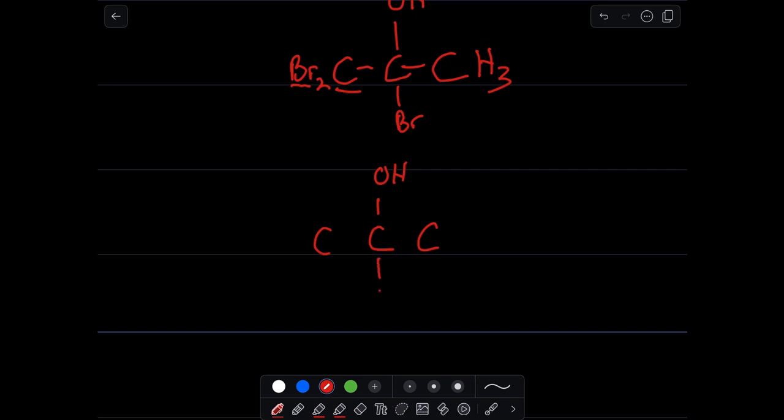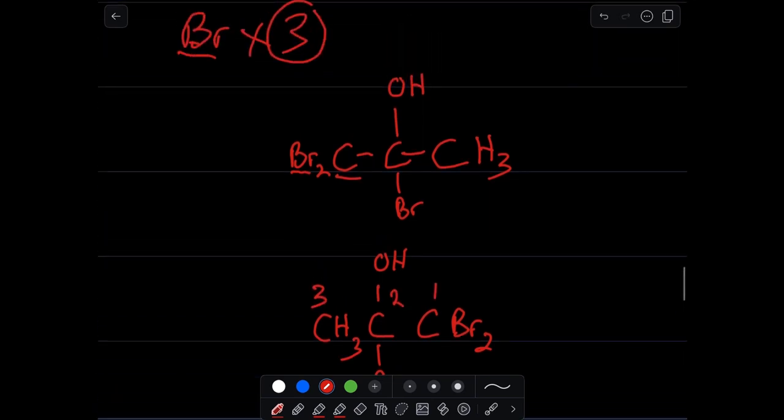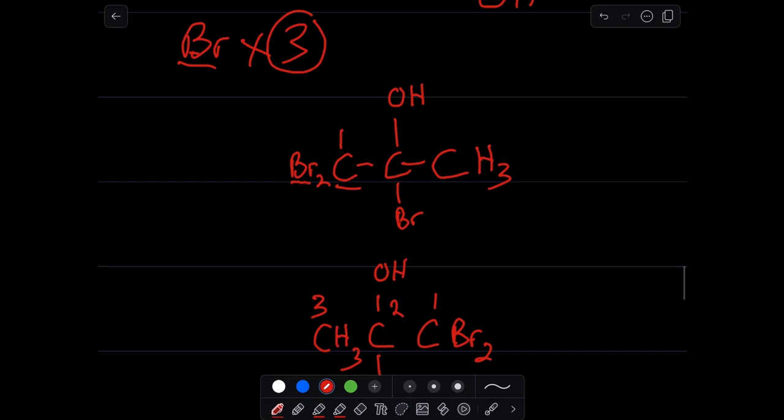You'll still have your bromo group here, but you can also put it over there as well. And whereas this is the 1st carbon, this is the 2nd carbon, this is the 3rd carbon. Up here, this was the 1st carbon, this was the 2nd carbon, this was the 3rd carbon. So you can go either way because these molecules are symmetrical.